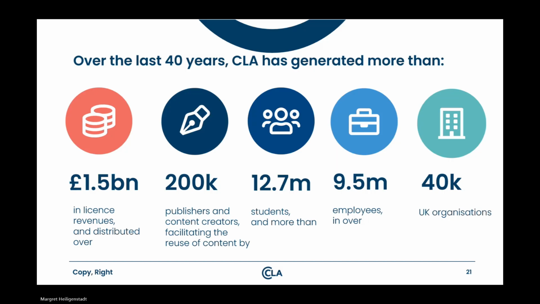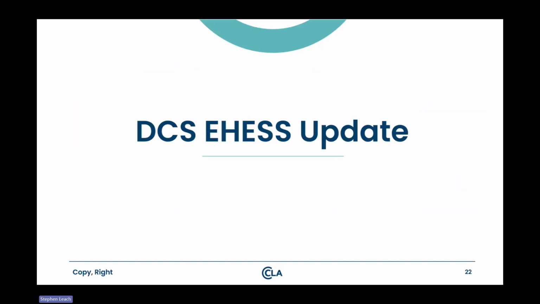Thank you. So, the final update we have for you is on the DCS EHAS update. This was probably mentioned last month, but just recapping, there are a couple of changes to the way that EHAS orders will work going forward.